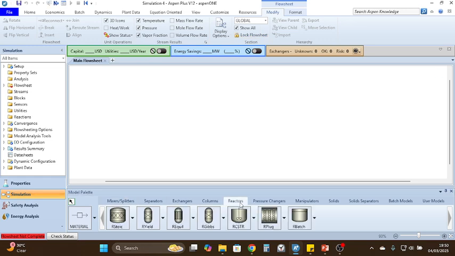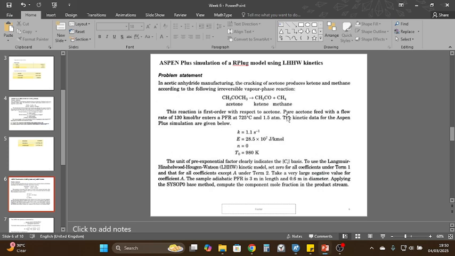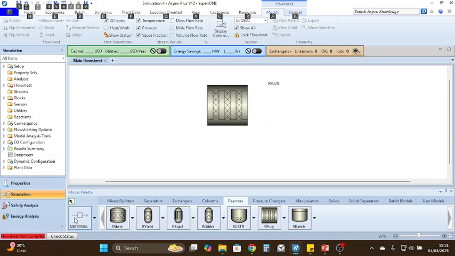Next, we have to specify the reactor. We are going to choose RPlug. Over here we have one reactant stream, acetone, and one product stream.